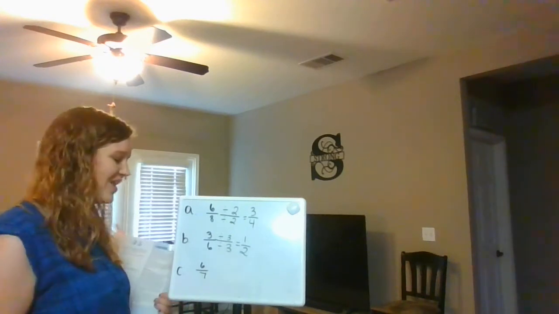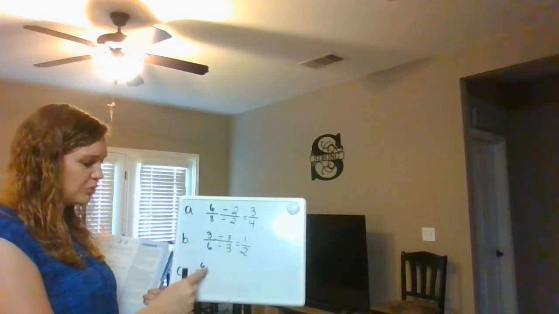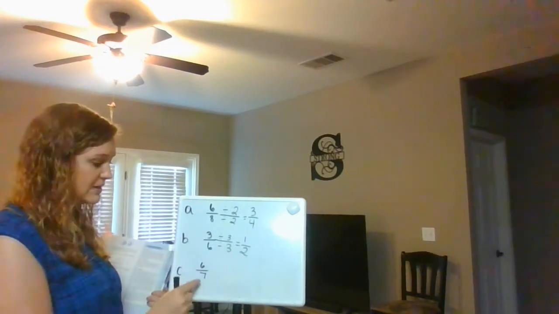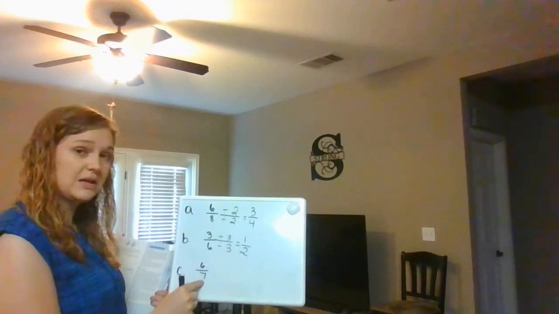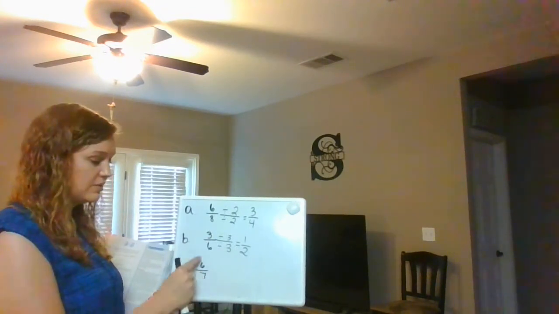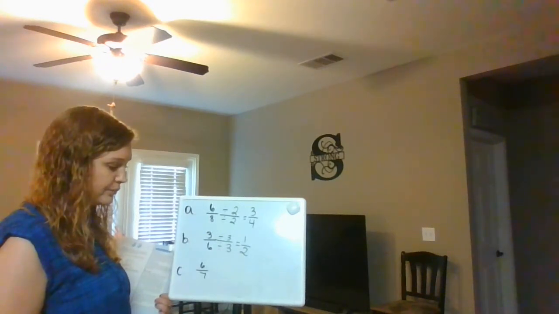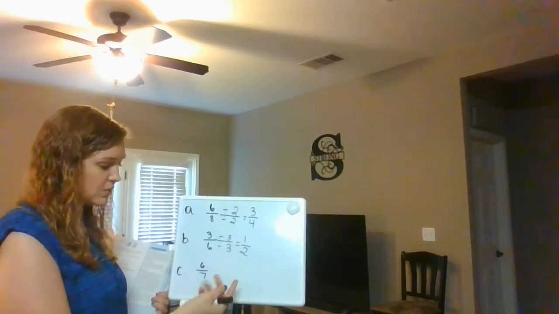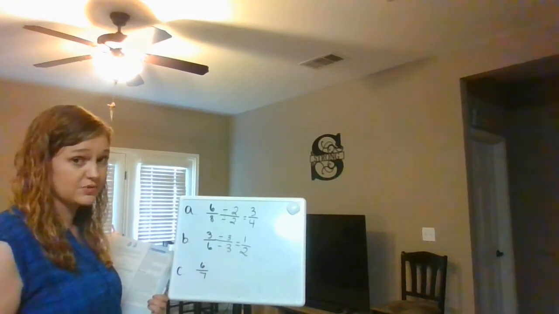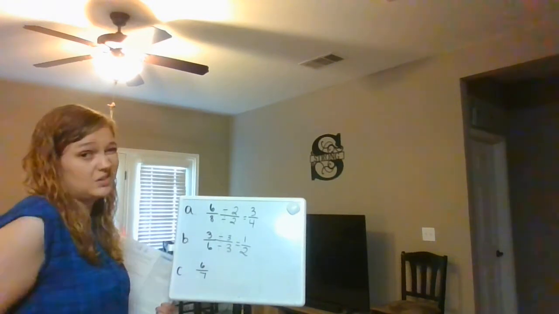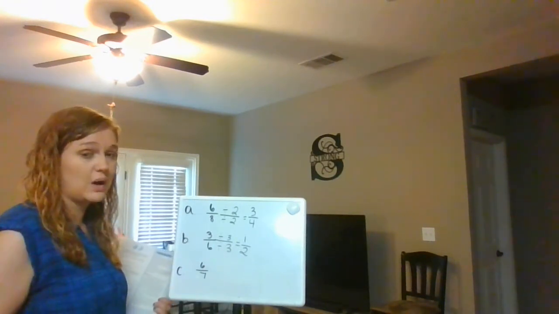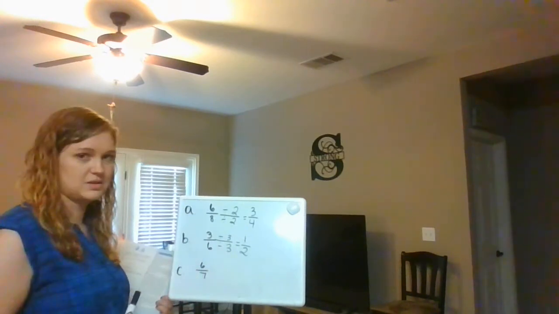Good job. So when we have a prime number as our denominator, the problem can't be reduced. So 6/7, it's already in its simplest form. We could divide by 1, but we're still going to get 6/7.